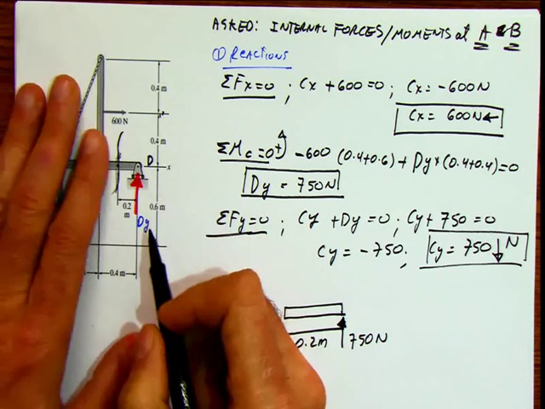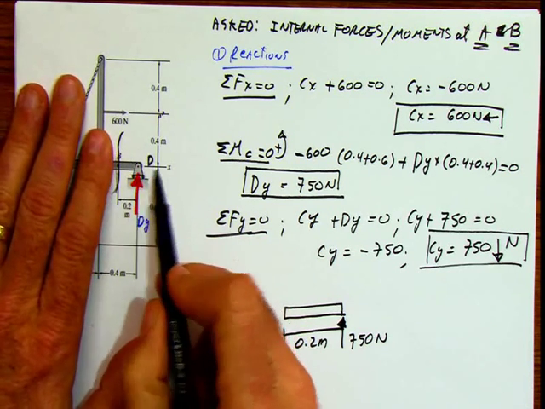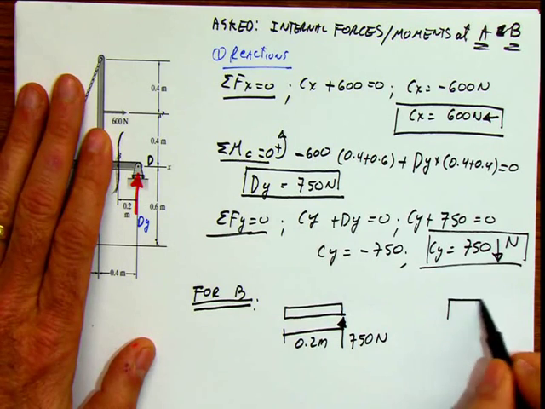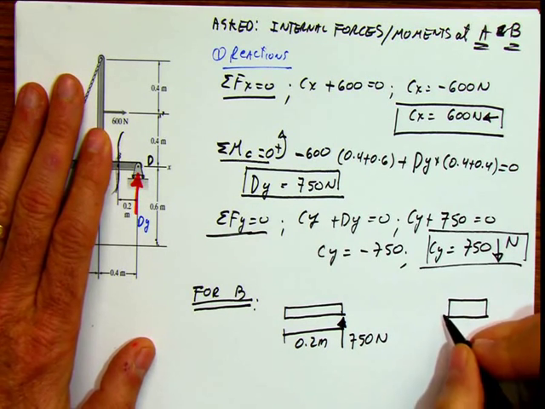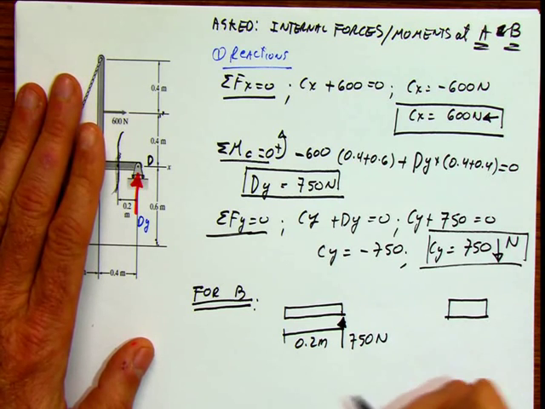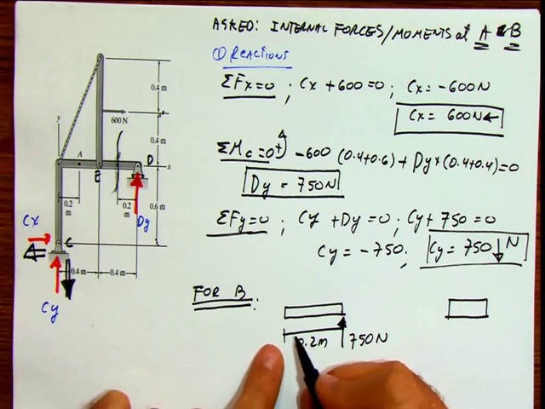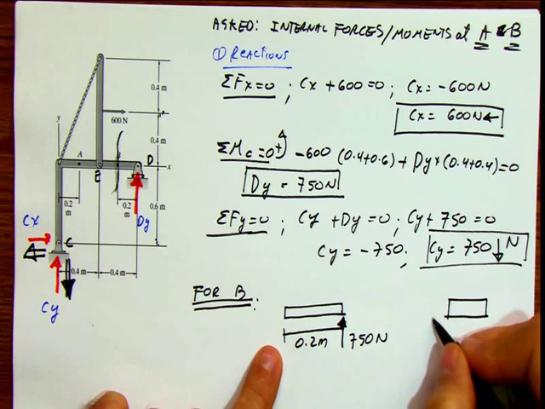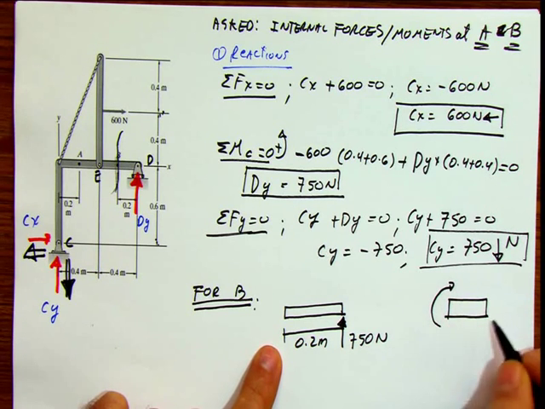Now look at the side that we are selecting. We are selecting the right side, and if you remember, I told you that the direction of the internal forces changes according to whatever side we are studying.